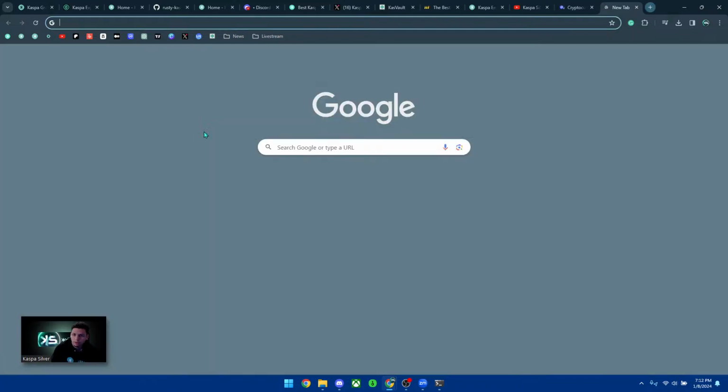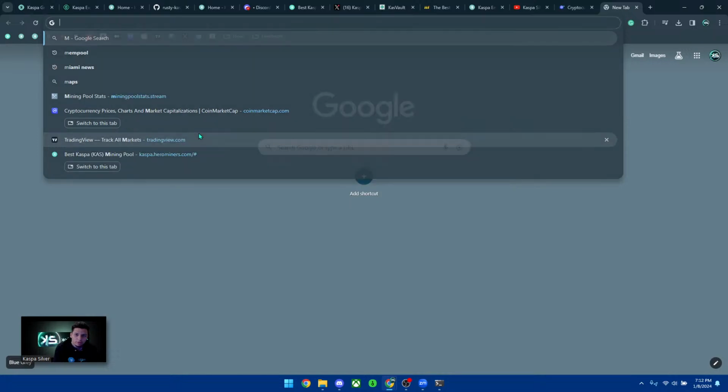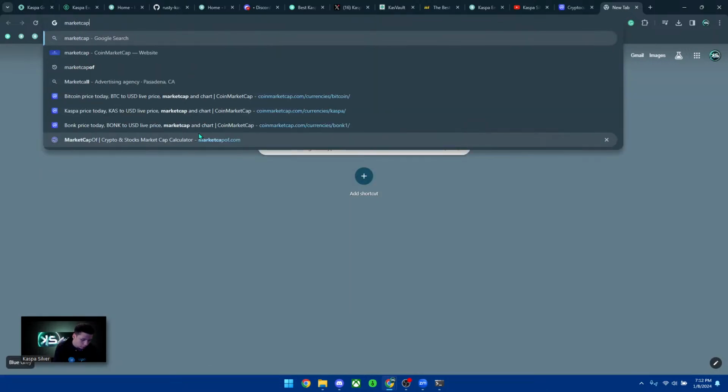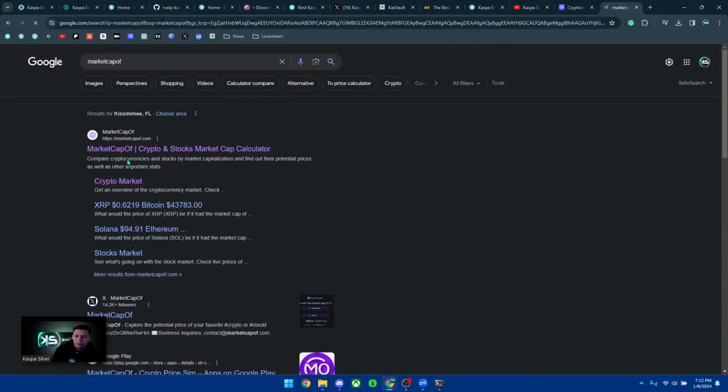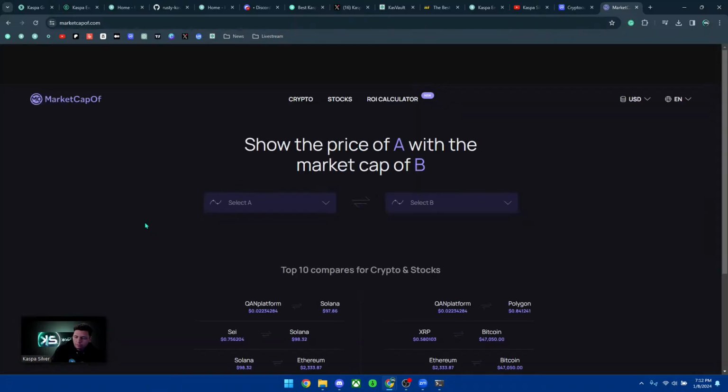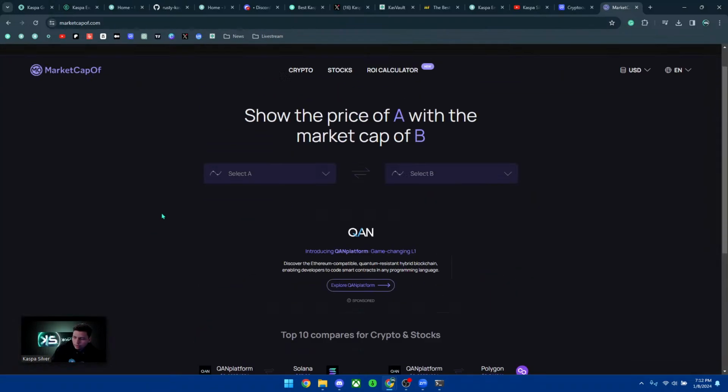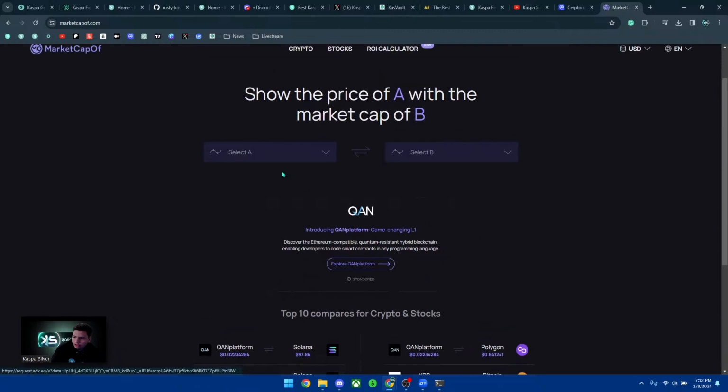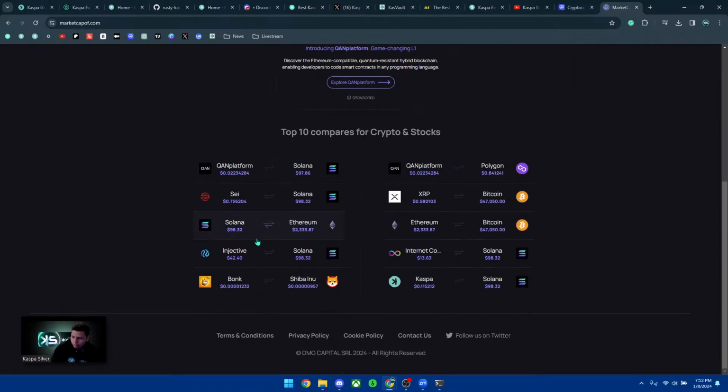Another good place that you can go is market cap of, where you can check different prices. Here you could select coins. What are people doing right now? People are mainly comparing things to Solana, and Bonk to Shiba Inu.